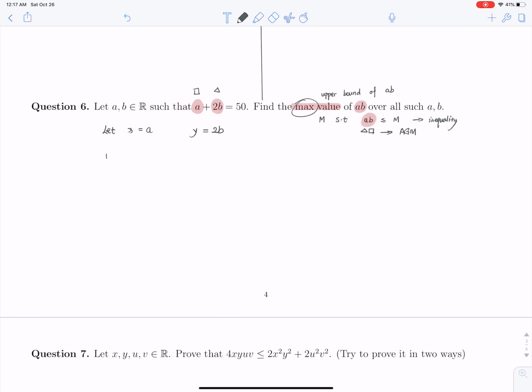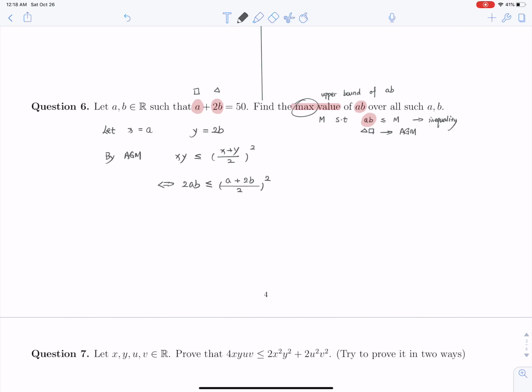By AGM, I have xy smaller than or equal to x plus y over 2, the whole thing squared. And this will give us 2ab is smaller than or equal to a plus 2b over 2 squared.